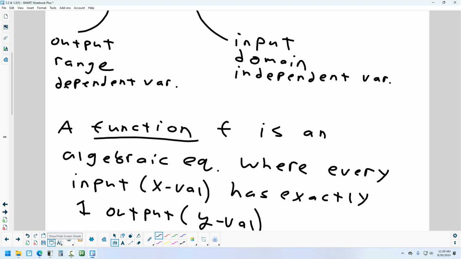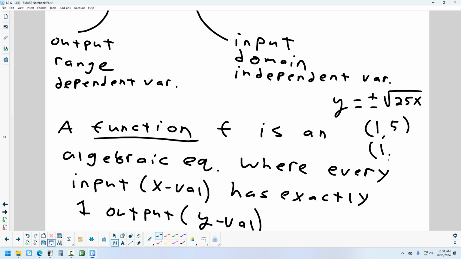So here's an example of something that is not a function. Y equals positive or negative square root of 25x. If I plug in 1 for x, what's 25 times 1? 25. And then what's the positive square root of 25? 5.